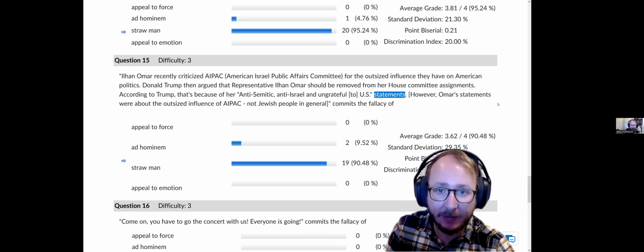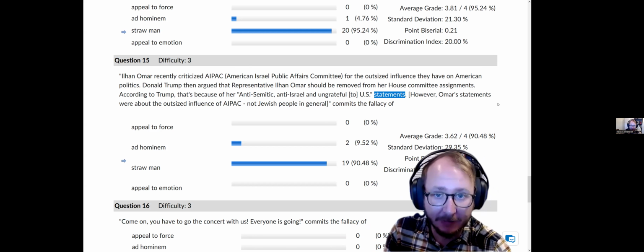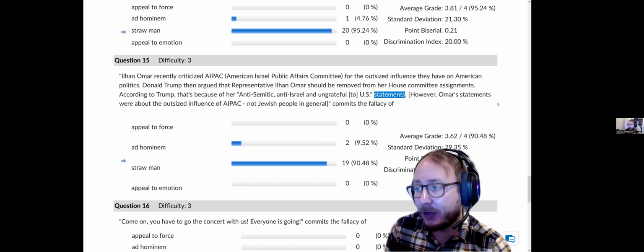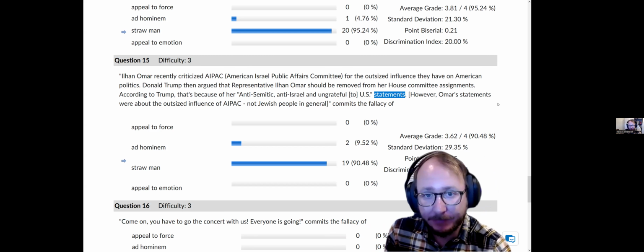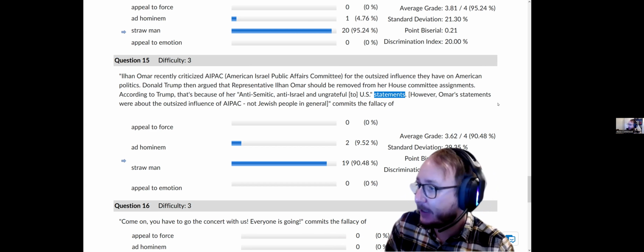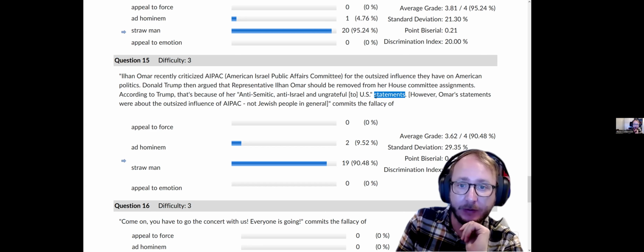When you're criticizing somebody's statements or views and you are mischaracterizing them, that's a straw man. If you're talking about somebody's personal character, that would be an ad hominem. So here this is about statements, so straw man is the better choice.